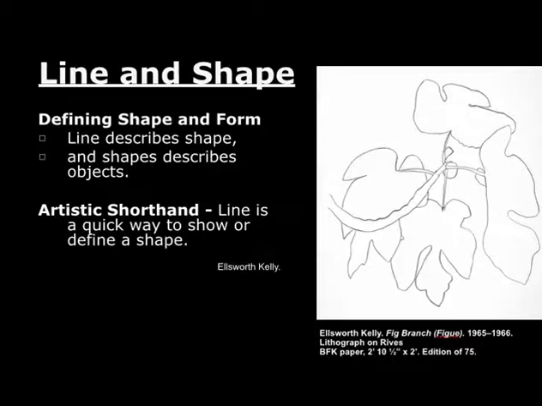A very interesting artist that I recommend you look into is Alexander Calder. Calder was famous for doing portraits of people live on the spot with nothing but wire and pliers. He would come in front of you, take out his wire, and start bending it and cutting it with the pliers and create a portrait that captured the person's essence just with a line of wire, which is quite an incredible thing to see.